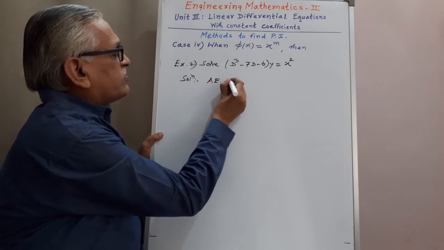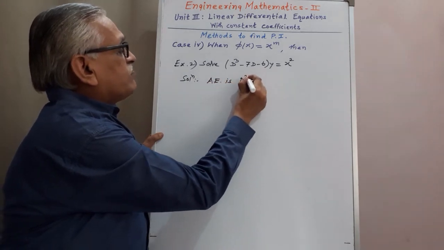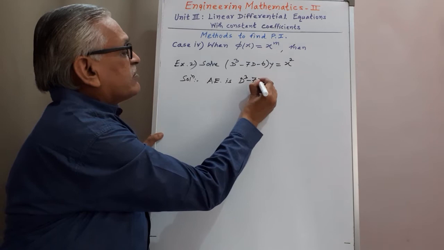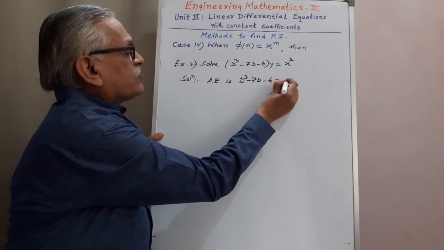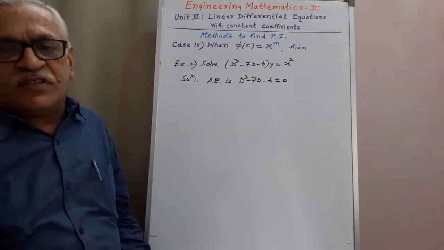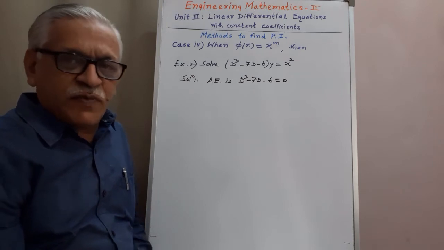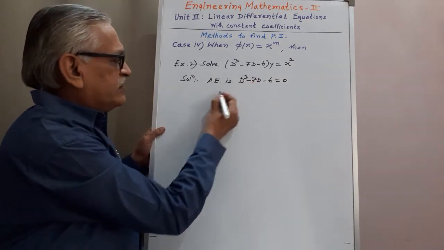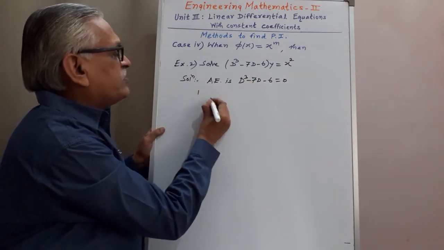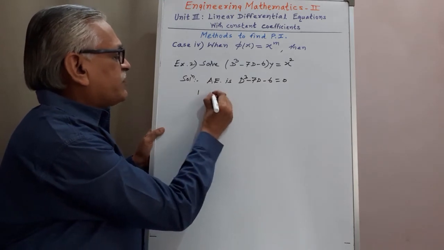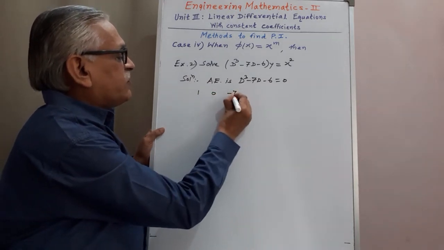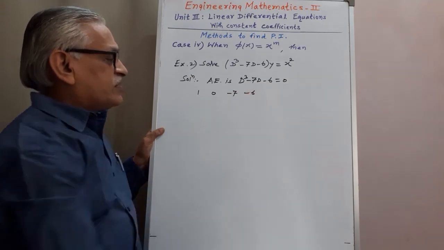The auxiliary equation is D cube minus 7D minus 6 equals 0. As it is a cubic equation, we can determine its roots by the synthetic division technique. Writing the coefficients: D cube 1, D square absent 0, D minus 7 and then minus 6.